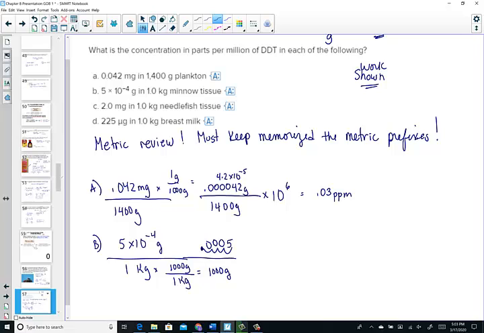So that's 0.0005. 5 times 10 to the -4th divided by 1,000 multiplied by 1,000,000, and I got 0.5 parts per million.